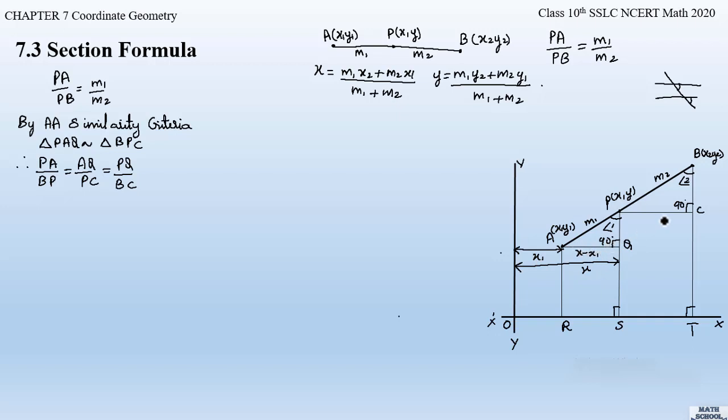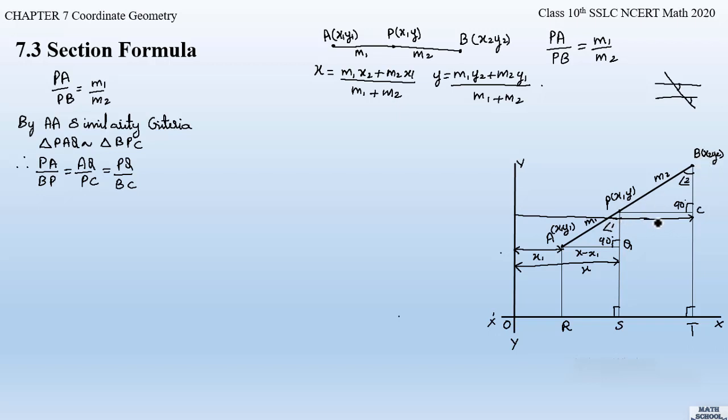Now similarly, let us find the distance PC. Again, since this is parallel to the x-axis, we will consider the x coordinate. From the origin to point P, we have found the distance is x, right? Now from the origin to the point C, the x coordinate is the same as the x coordinate of B, which is x2.